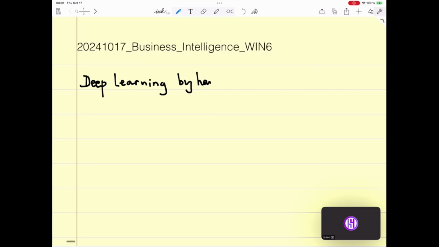Okay? So we are going to do deep learning with a piece of paper and a pencil, which is the way to learn it, in my opinion, okay? The way to understand what goes on when we do what we do.